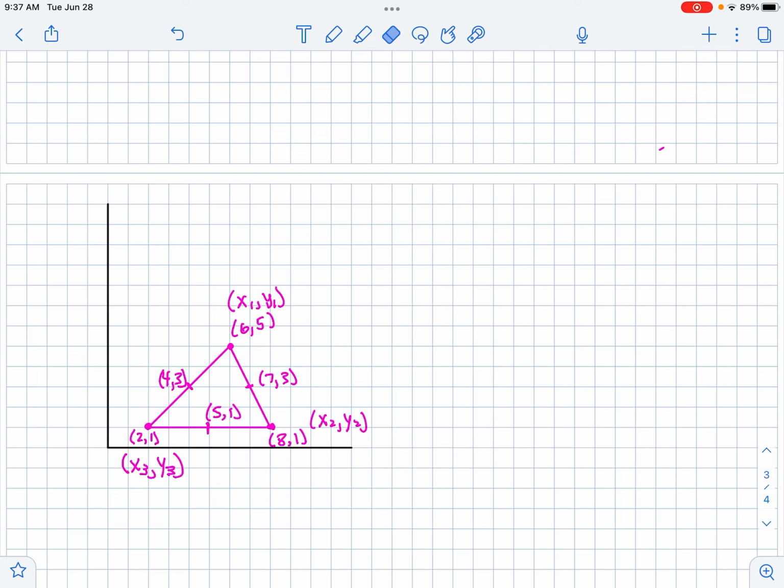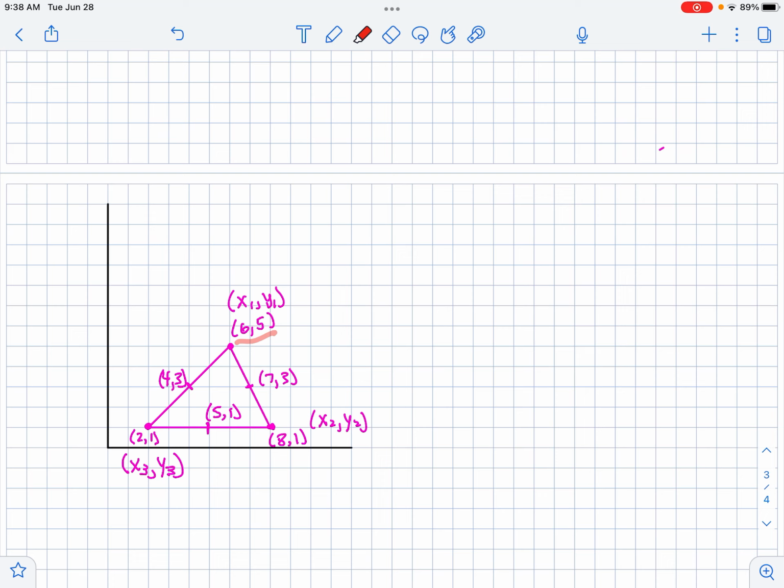Let's consider a triangle, and I've got the vertices given to you. There they are, and I've also given you the midpoints. So we've got everything we need, but we're going to act as though we don't know these vertices. In other words, I don't know what this vertex is, 6, 5.